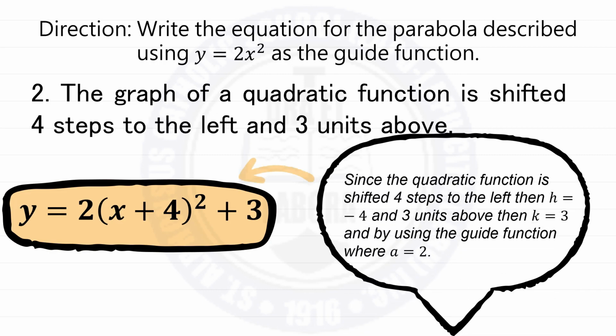Since the quadratic function is shifted 4 steps to the left, the value of h is negative 4, and 3 units above means the value of k is positive 3. Using the guide function y equals 2x squared, where a is 2, we arrive with y equals 2 times quantity x plus 4 squared plus 3.